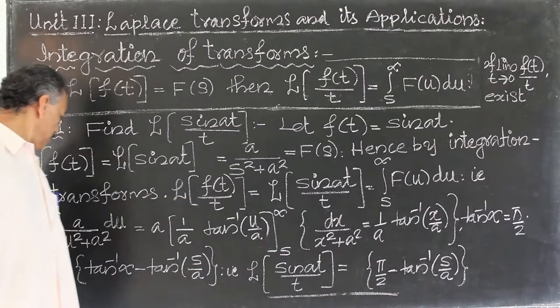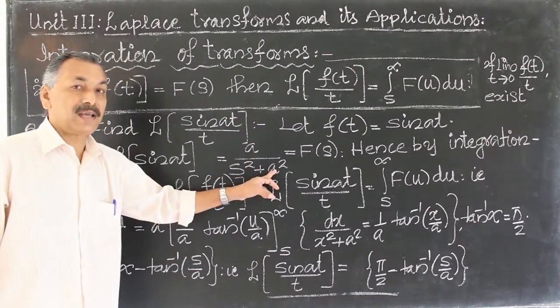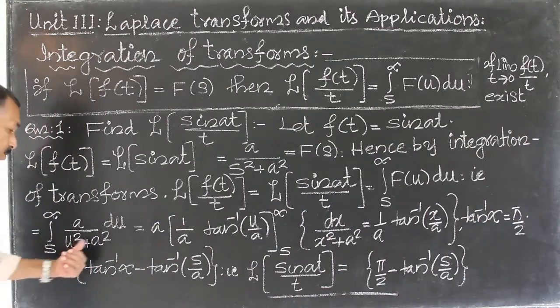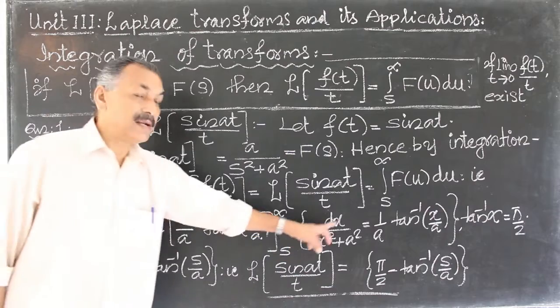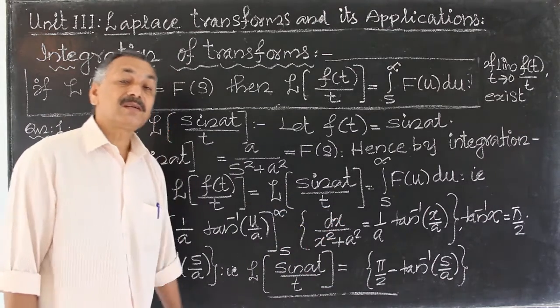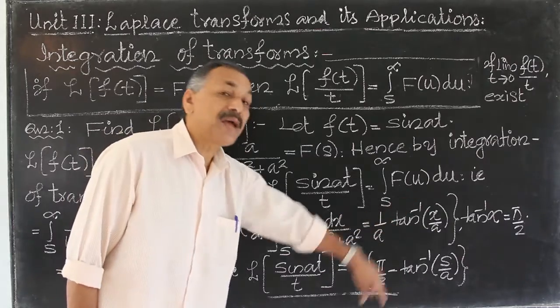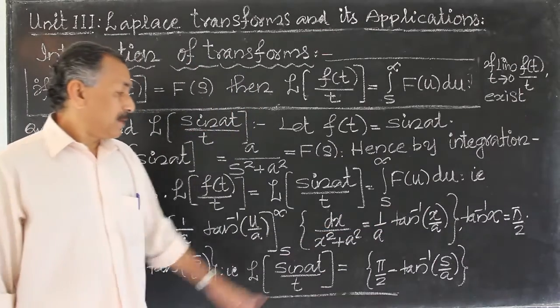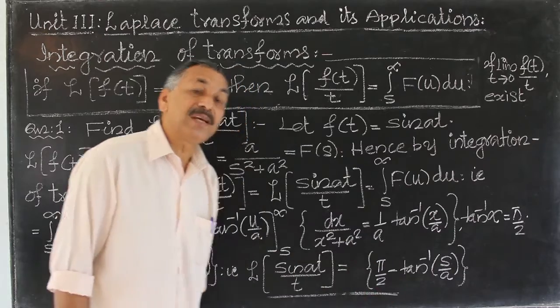That is the integral from s to infinity of a divided by u square plus a square du. The integral of dx divided by x square plus a square is equal to 1 by a into tan inverse x by a.